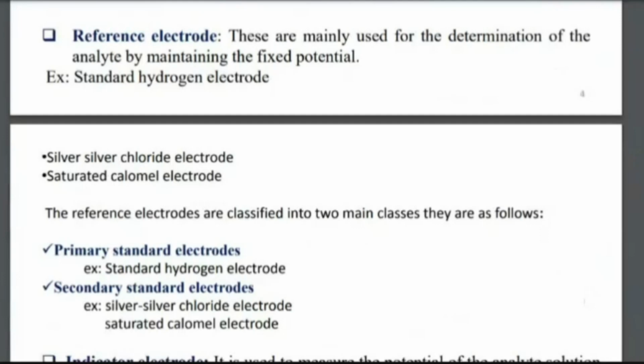Now don't worry, you don't have to study these electrodes in detail right now, okay? Not in your syllabus, so just remember their names, that will be sufficient. The reference electrodes are classified into two main classes as follows. Primary standard electrodes, the example is the standard hydrogen electrode.